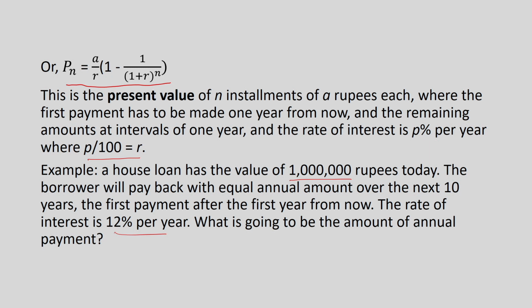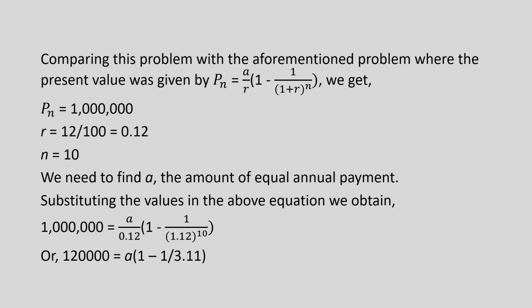So, we are given certain information about Pn. This is what we know, Pn is equal to a divided by R multiplied by 1 minus 1 divided by 1 plus R to the power n, where Pn is the present value, a is the equal payment annually, R is the rate of interest, and n is the total number of periods.